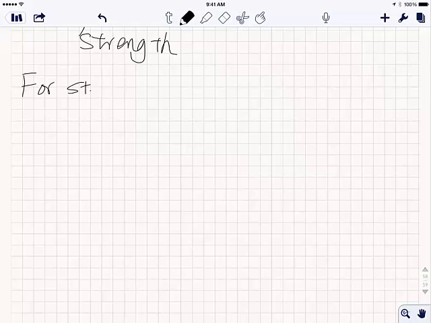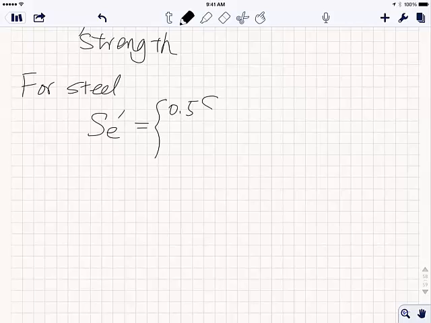So for steel, the endurance limit SE prime is equal to 0.5, sorry, 50% of ultimate tensile strength, or 100 KSI, 700 megapascal.